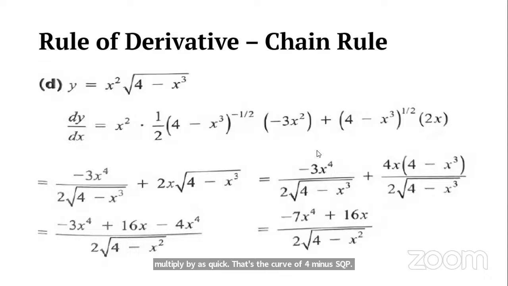But the square root of 4 minus s cubed will be solved using the chain rule. So we represent the 4 minus s cubed by u. Since it is a square root, we have y equals u raised to the power half. We solve that using the chain rule, which is dy/dx equals dy/du times du/dx. So dy/du will give us 1 over 2 root u.